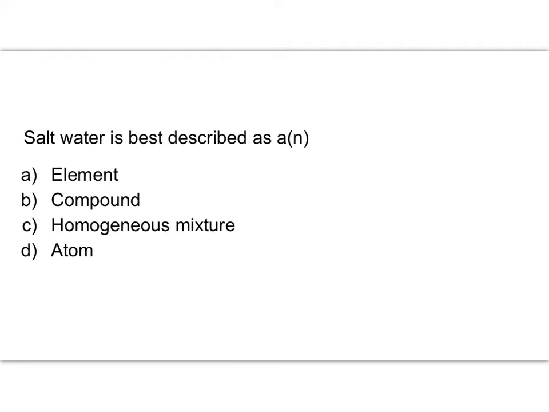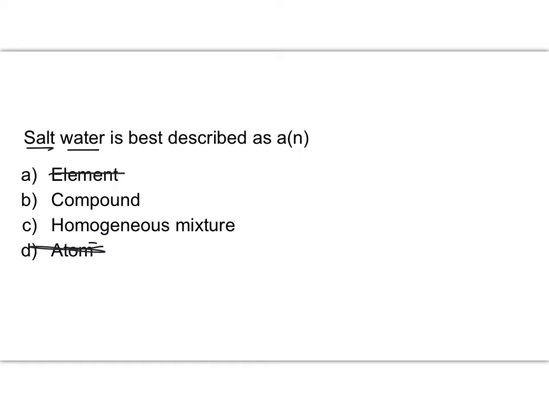Salt water is best described as, so this is a classification question. Is salt water an element, a compound, homogeneous mixture, or an atom? Well, the fact that it's, first of all, salt and water tells us that A, it's not an atom, and B, it's not an element because it's made up of multiple elements.